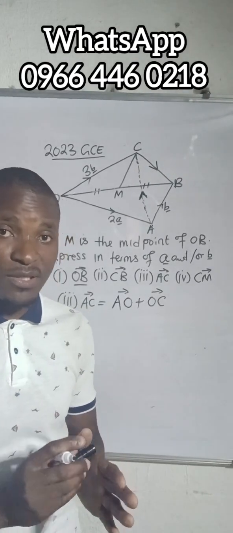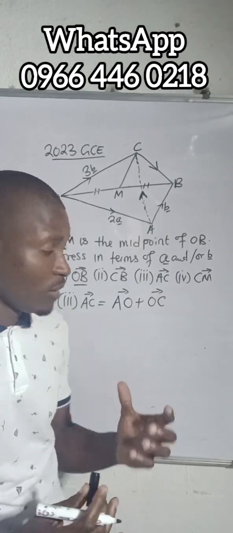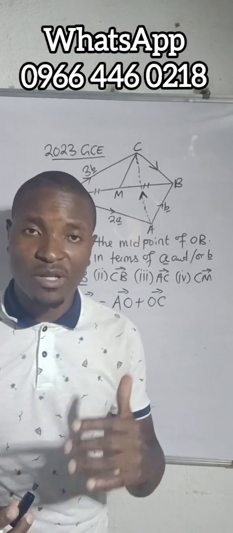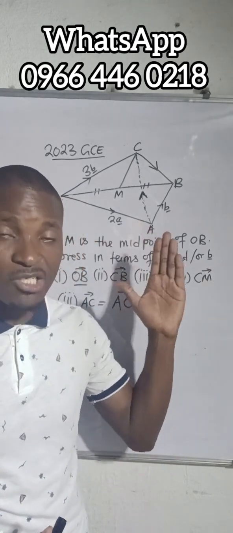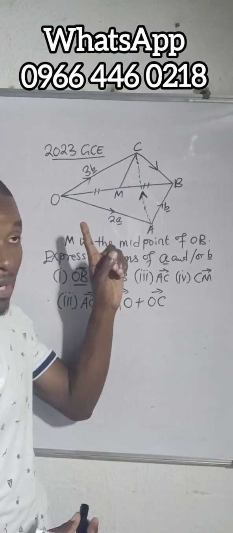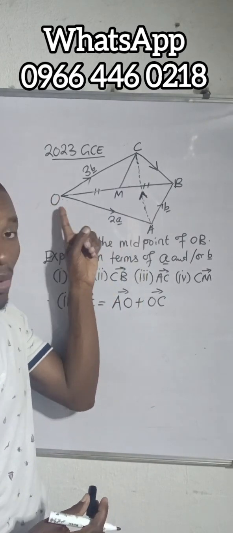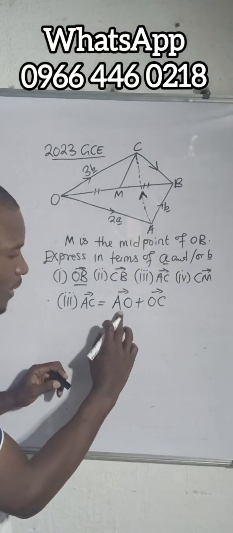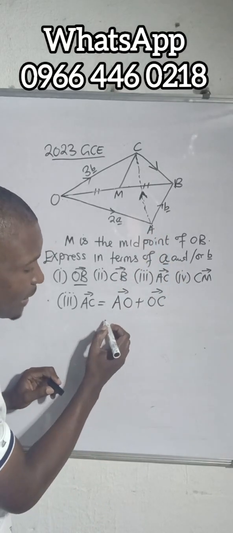Now, once you do this, you have to ask yourself concerning this direction that you have made: have you moved against the direction in the actual diagram? When you look at AO, what you have in the diagram there is OA. So we have to reverse this one and add the negative.